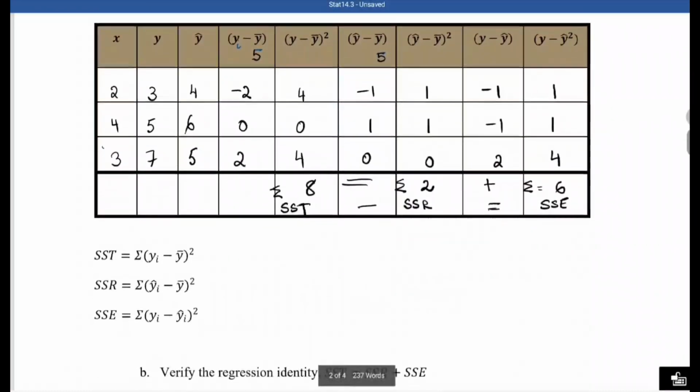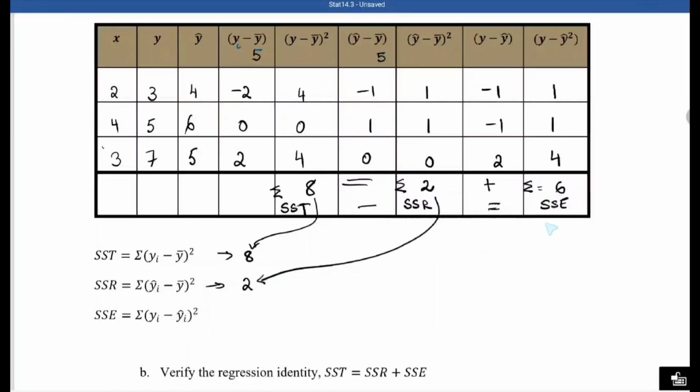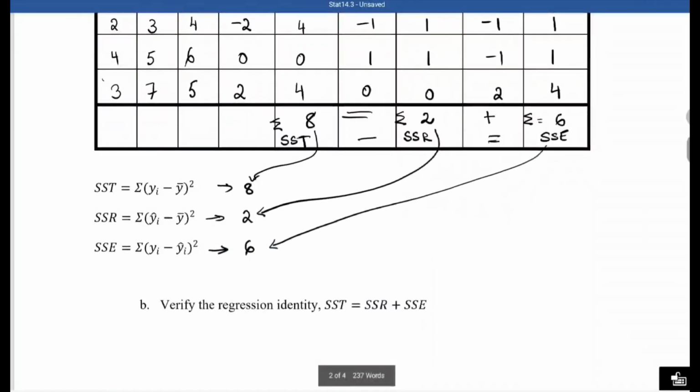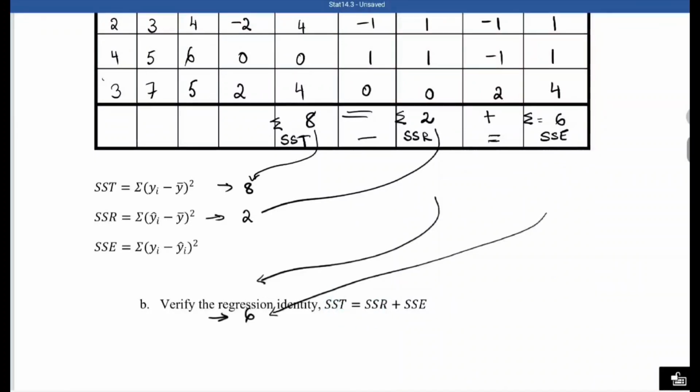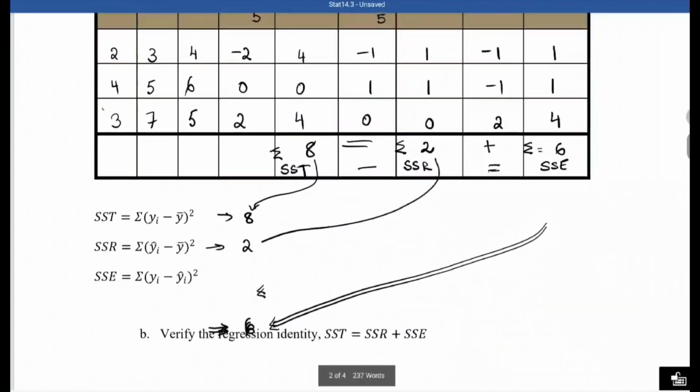Okay, so now we have our value for SST, which is 8. And we have our value for SSR, which is a 2. And for SSE, it's 6.